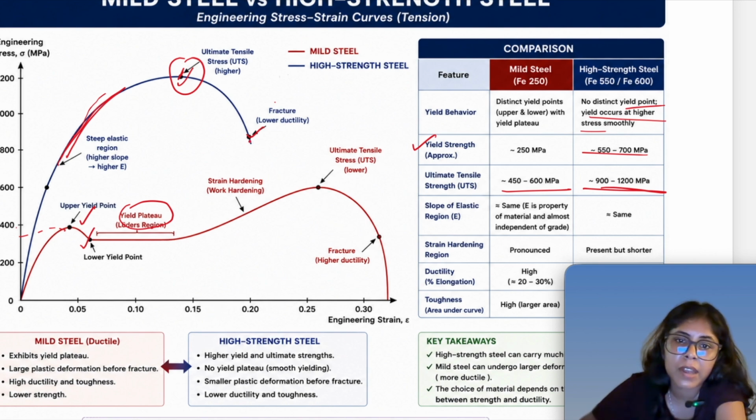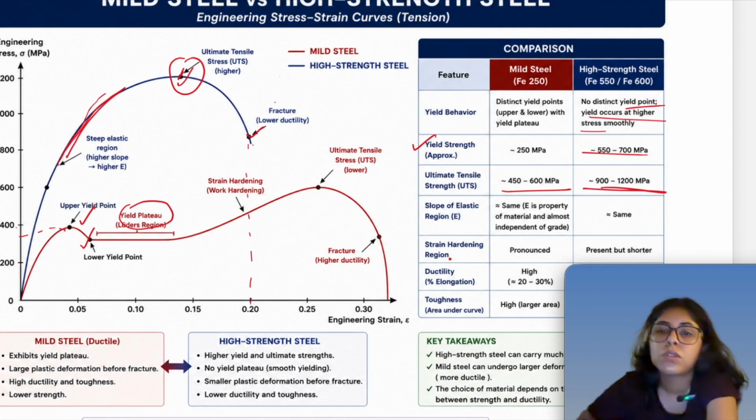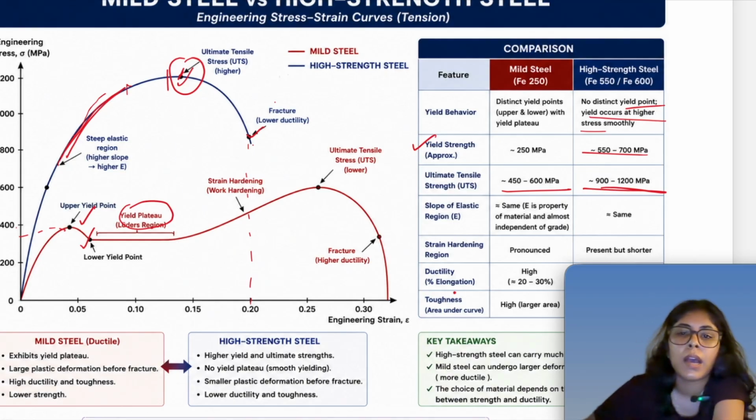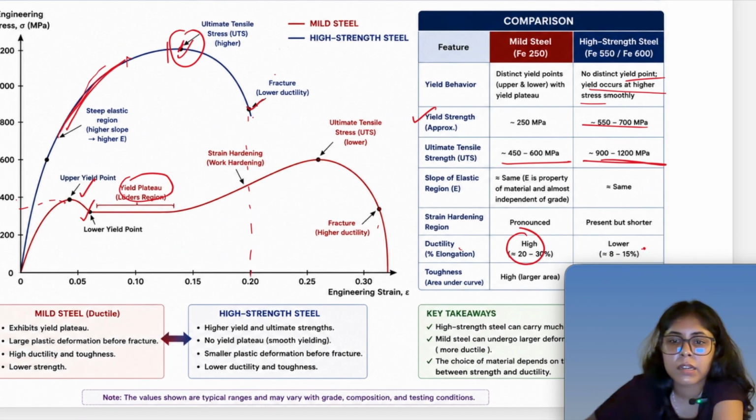It fractured at this much elongation only, but mild steel can fracture at higher elongations. The strain hardening region in mild steel is very pronounced, but in high strength steel it will be present but very short. Ductility for mild steel is very high because it has very high elongation, but for high strength steel its ductility is low. Toughness, it's tough.